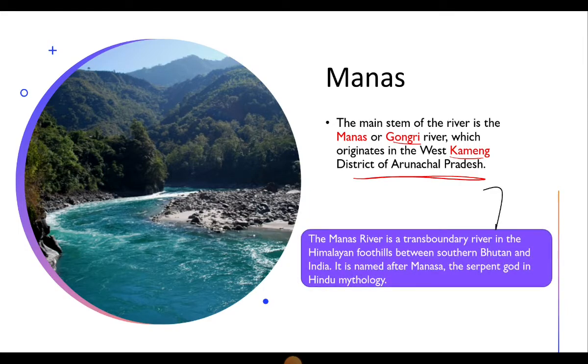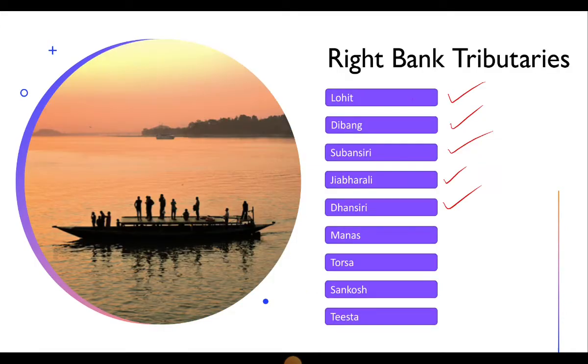The Manas River is a transboundary river in the Himalayan foothills between southern Bhutan and India. It is named after Manasa, the serpent god in Hindu mythology. So we have completed the Manas River also.